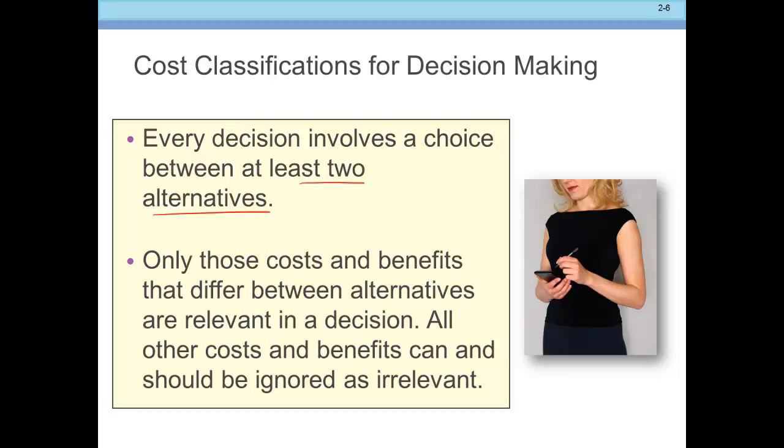Costs and benefits that differ between alternatives are relevant in a decision. All other costs and benefits are irrelevant and can and should be ignored. To make decisions, it's essential to have a grasp on the three concepts: differential costs, opportunity costs, and sunk costs.